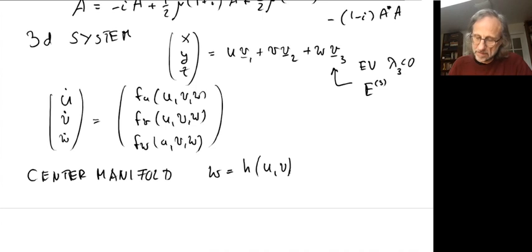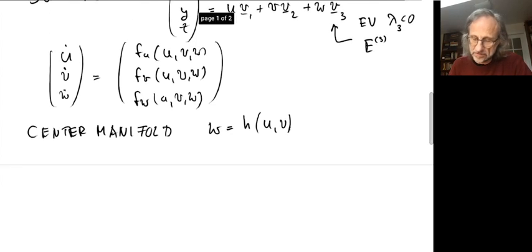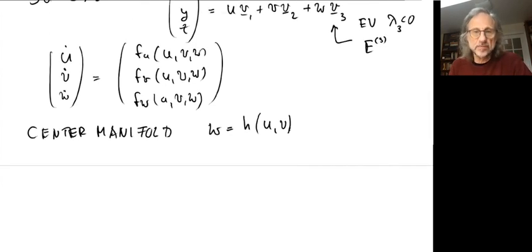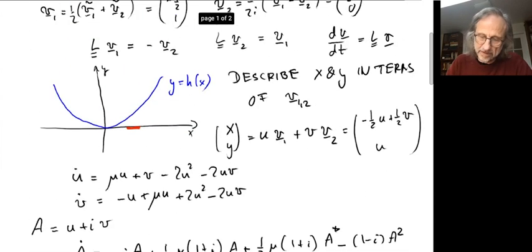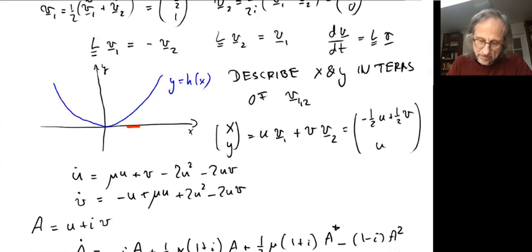And how do we determine W, this function H? It's again as before, when we had a single real eigenvalue, same strategy. The picture is, again, that we're following the dynamics. The center manifold is invariant under dynamics. So if we are on a center manifold, we stay on it.